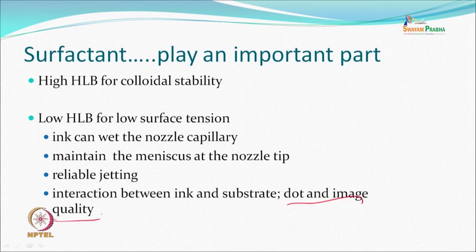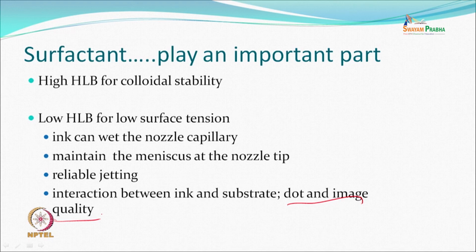So what do we do? You have to strike a good balance in what kind of HLB of a surfactant we would want. So it's not going to be an easy thing. Too high an HLB will give colloidal stability, which will be very helpful for us, but if it is very high, then surface tension and other things are going to be affected, jetting will be affected, and so one may have to balance between colloidal stability and relatively low surface tension.